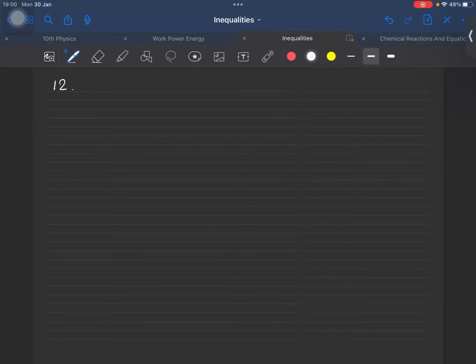Question number 12 says a solution of 8% boric acid is to be diluted by adding a 2% boric acid solution to it. So 8% boric acid can be diluted by adding 2% boric acid solution.